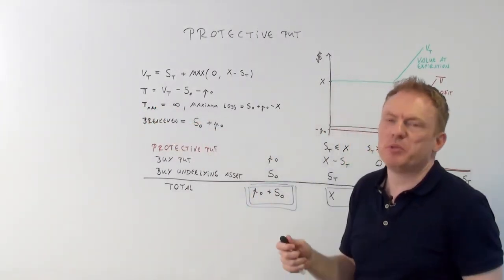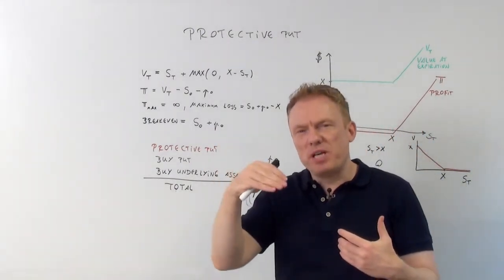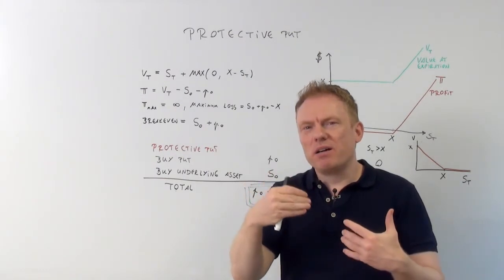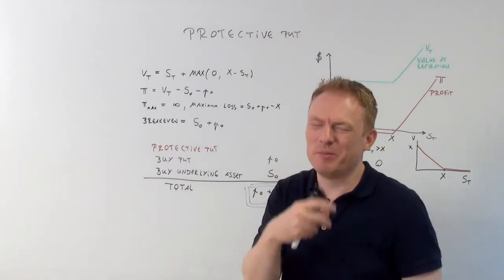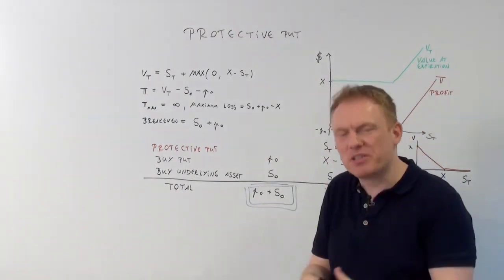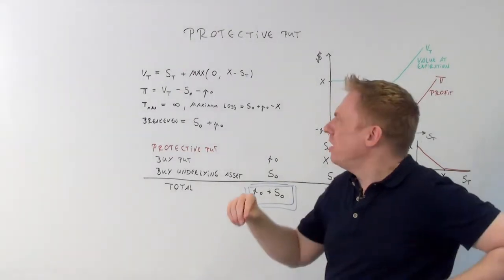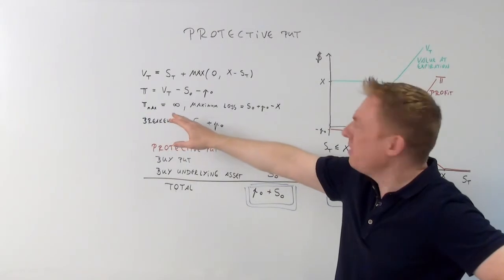There is no maximum profit for a protective put. Rising values of the underlying stock are good, because the profit is going to rise above all frontiers, above all possible values.